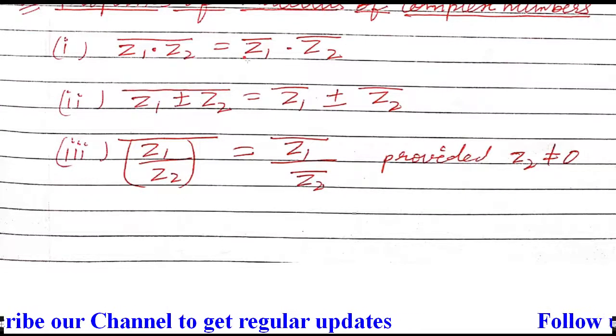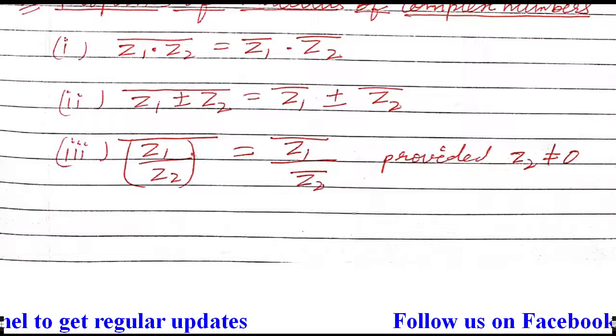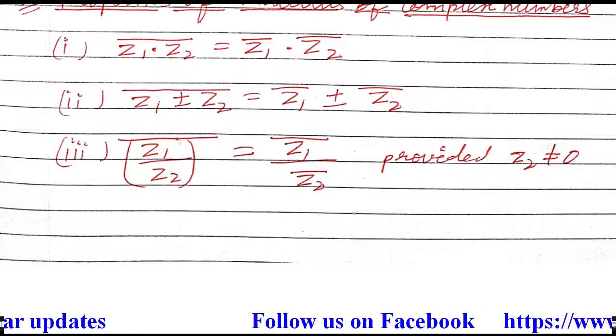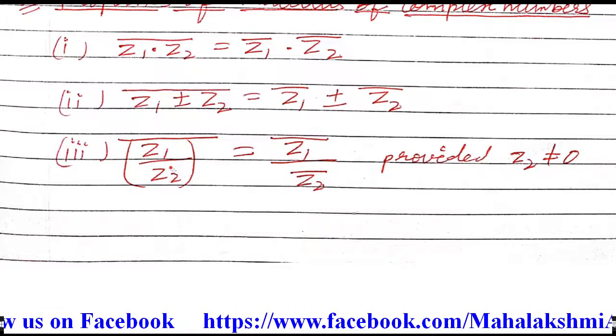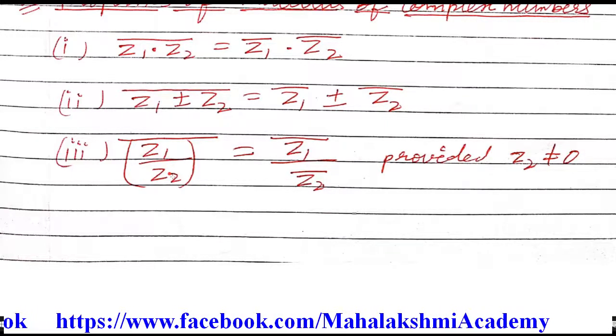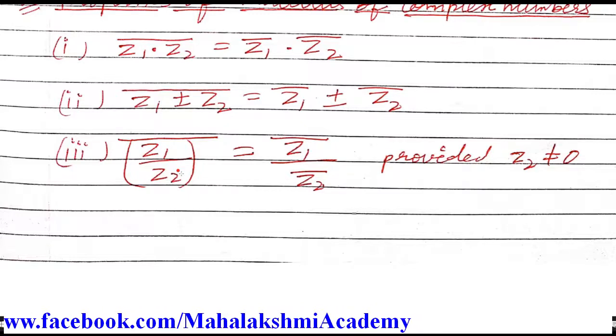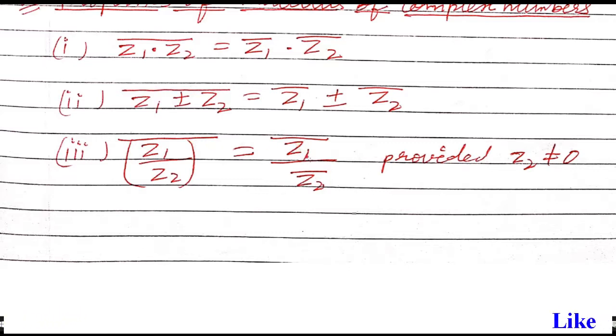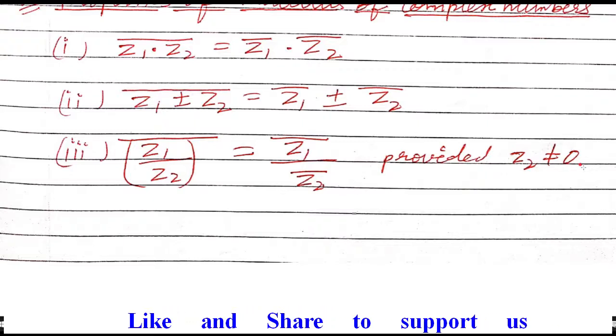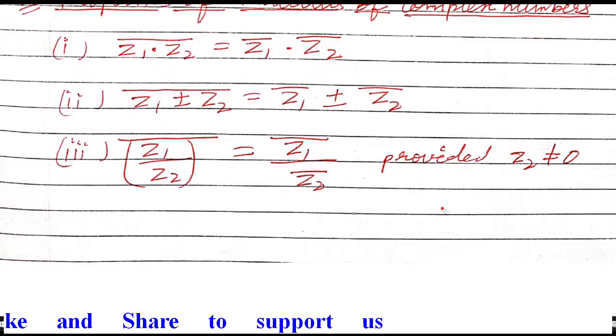These are the formulas, you all have to learn them. And if we have to find the conjugate of the division of two complex numbers, you have two options: either divide them and find the conjugate of whatever answer comes, or find the conjugate of each complex number and then divide. In both situations you will get the same answer, and here the denominator is not equal to 0.